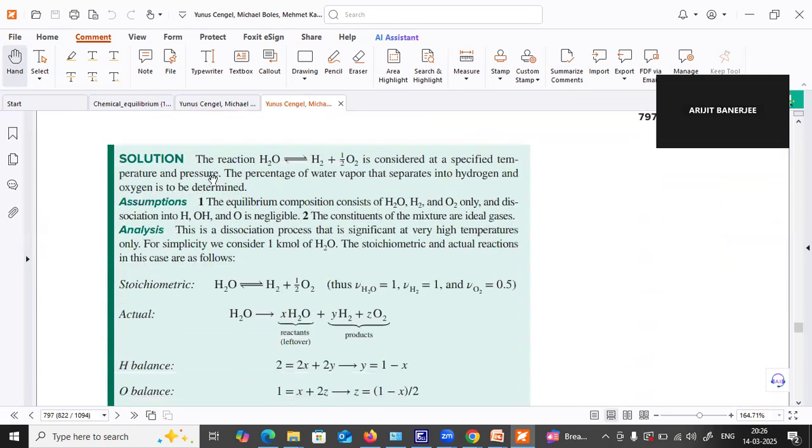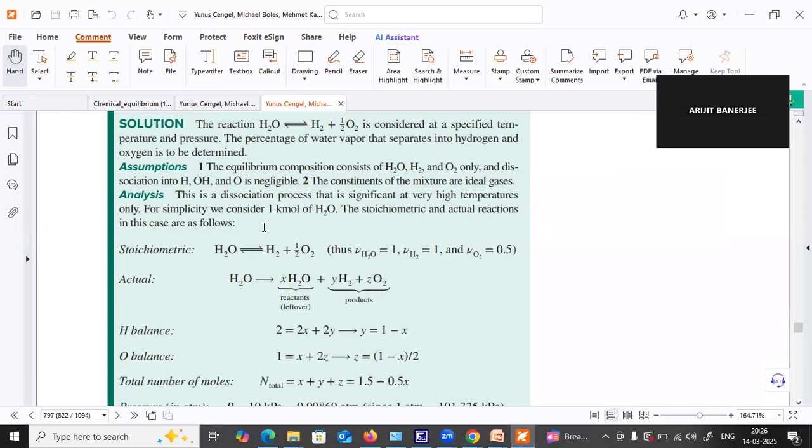Now see that this reaction is H2O converted to H2 plus half O2. At the specified temperature and pressure we are considering, temperature is given as 4000 Kelvin and the pressure is 10 kilopascal. The percentage of water vapor that separates into hydrogen and oxygen is to be determined. How much it is possible.